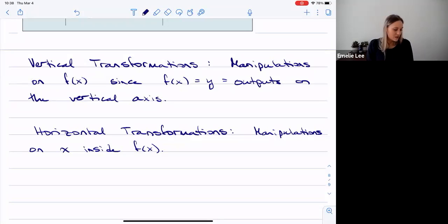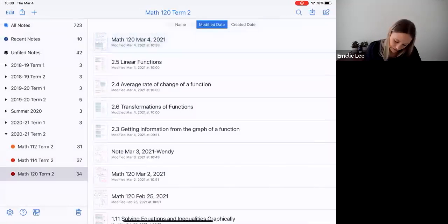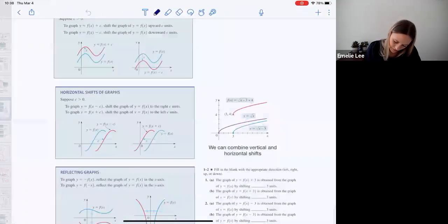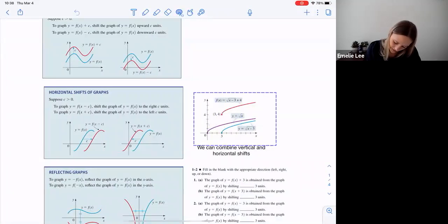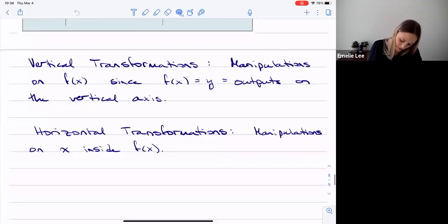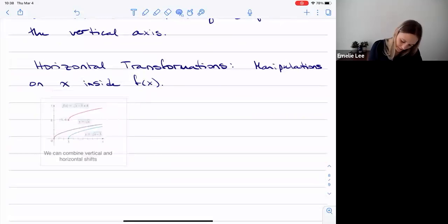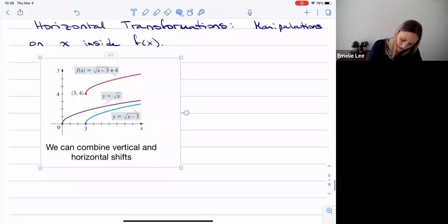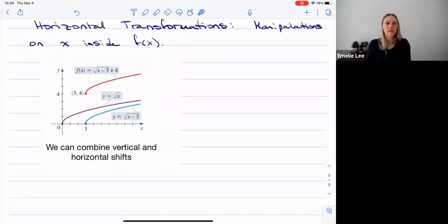Okay, so let's have a look at an example. Let's look at this little guy here. We can do a combination of vertical and horizontal shifts. Typically what happens is we'll start with our core function.